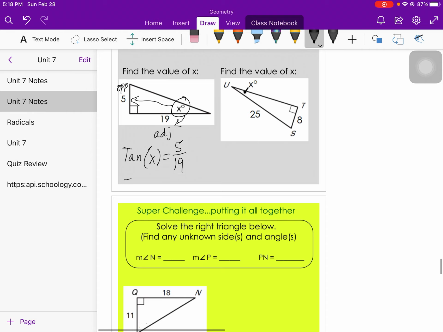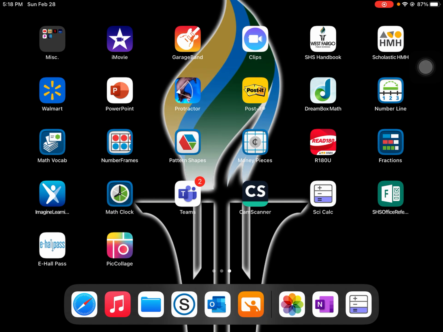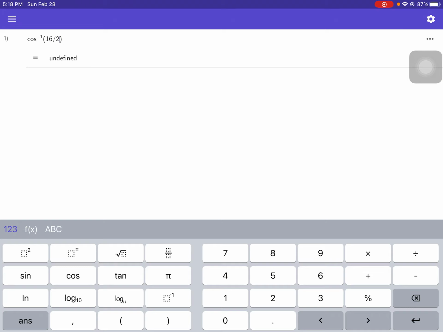Now that we know which trig ratio we have, we're going to do the inverse of this fraction, 5 over 19. So we pull that up in our calculator. Tangent inverse of 5 divided by 19, and it looks to be 14.7 degrees.